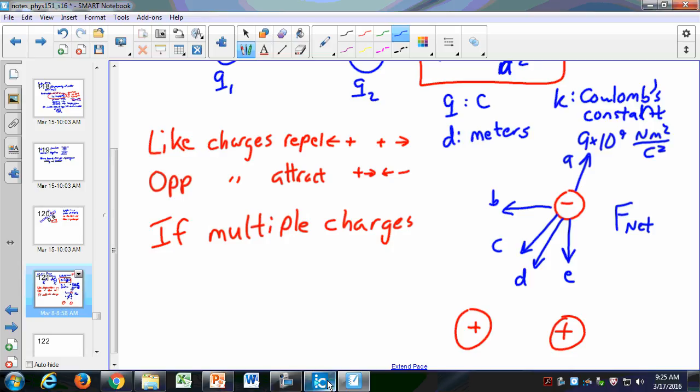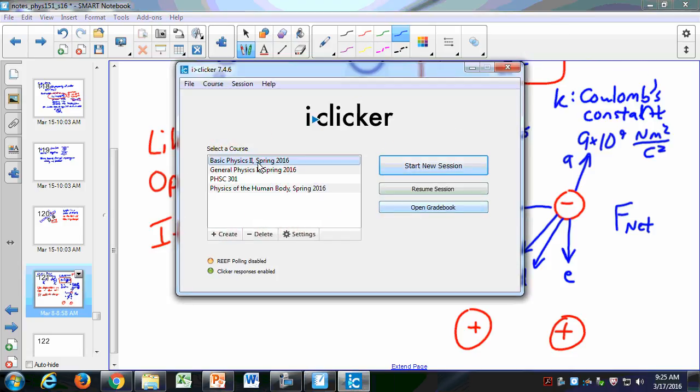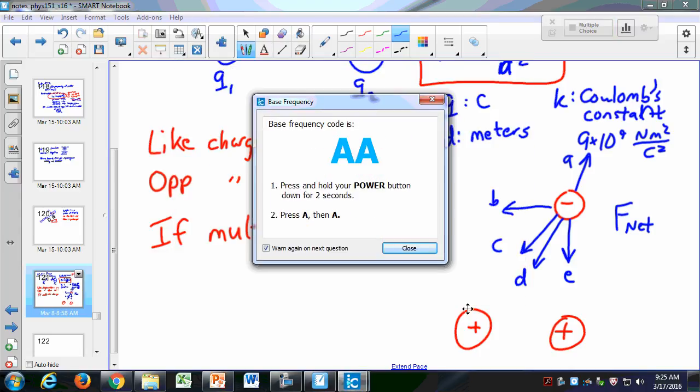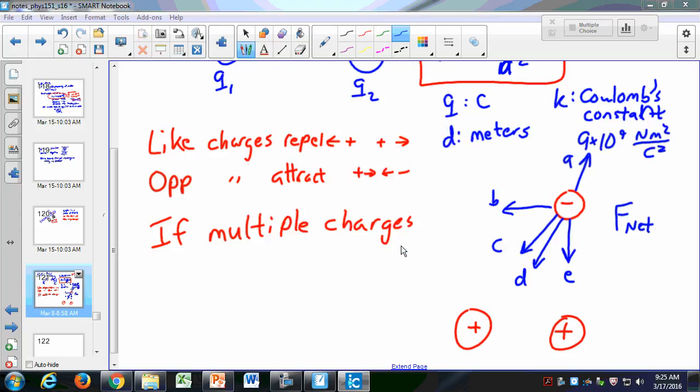Let's try this and see how we do. Go ahead and put in your answer. Which do you think? With these two forces, what is the net force that acts on this negatively charged particle?